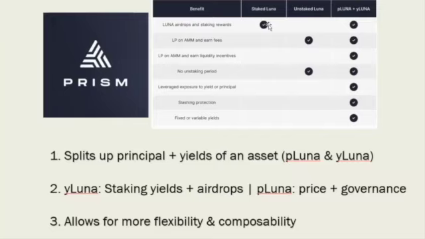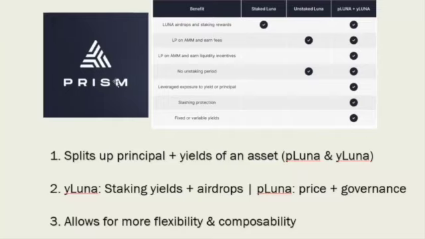When you lock your Luna up for 21 days, you get the network fees and airdrops, but you can't do anything with your staked Luna because it's locked up already. So if you want to provide liquidity, LP on some DEX, you can't do it, it's locked. And so people always have to balance between, should I stake my Luna or should I use my Luna for something else more productive? They always compare the opportunity cost of it.